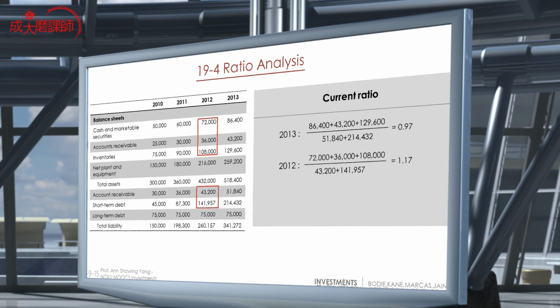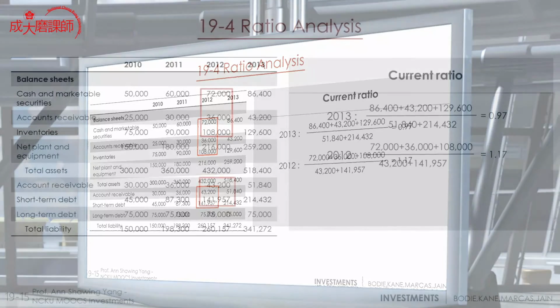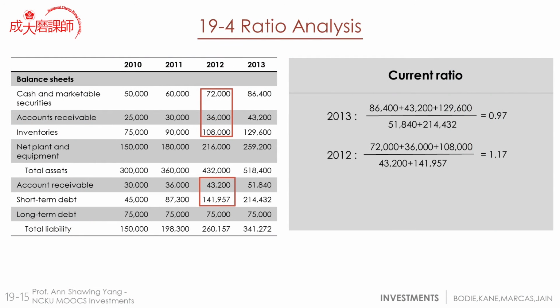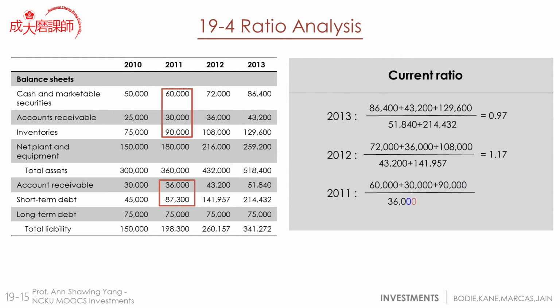In 2012, we take 72,000 plus 36,000 plus 108,000 divided by 43,200 and 141,957. We have 1.17 for the current ratio. And in 2011, we have 60,000 plus 30,000 plus 90,000 divided by 36,000 plus 87,300, which gives 1.46.